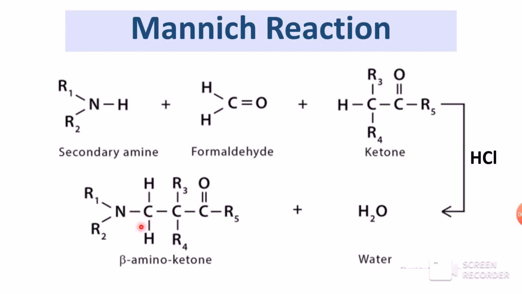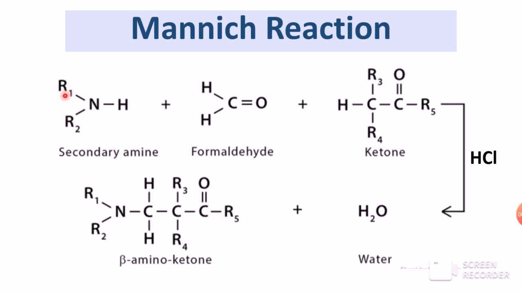So see here, this is the amino alkyl group. This is the amino group. Here it is only NH2, meaning an amino group, but we are using a secondary amine here, so the hydrogen atoms of the NH2 are replaced by two alkyl groups. So this is the secondary amine part, or we can call it an amino group if we are using ammonia.